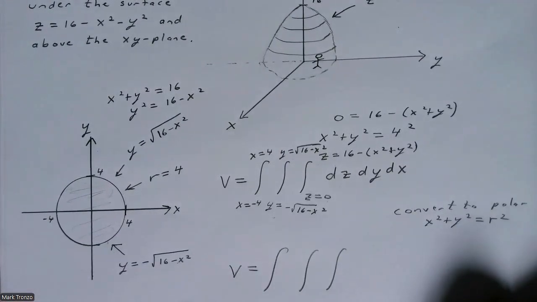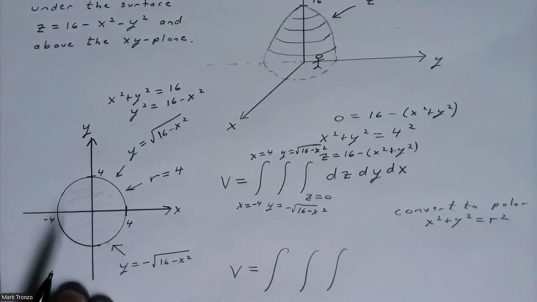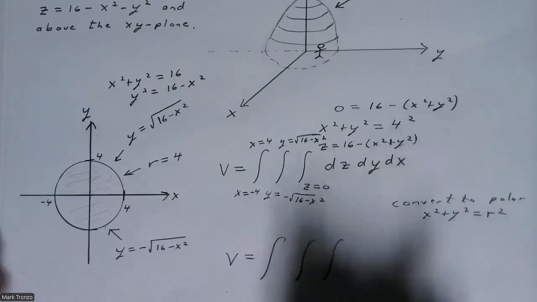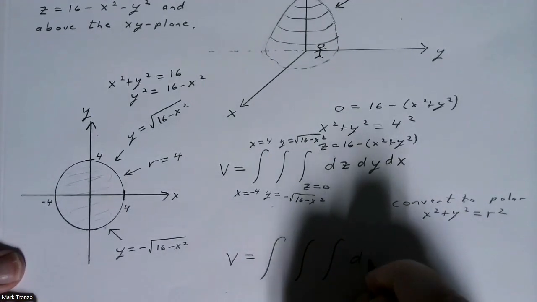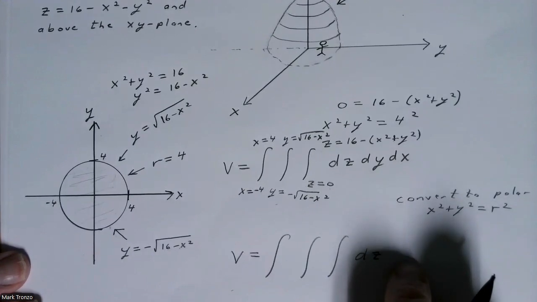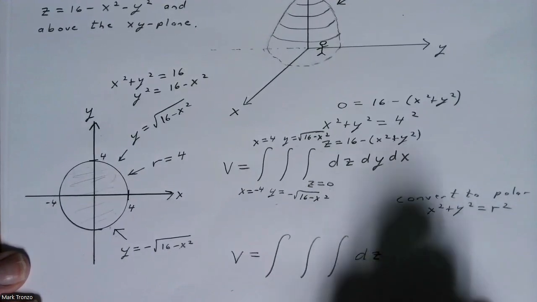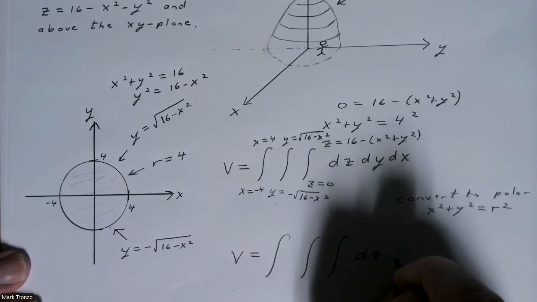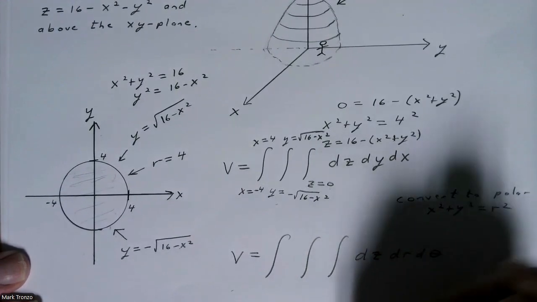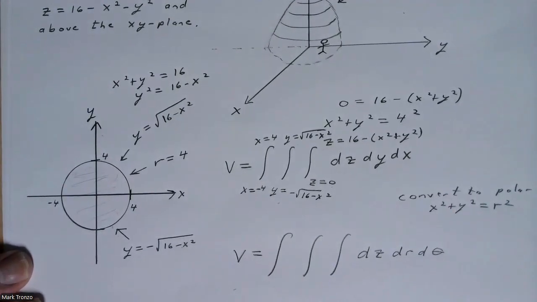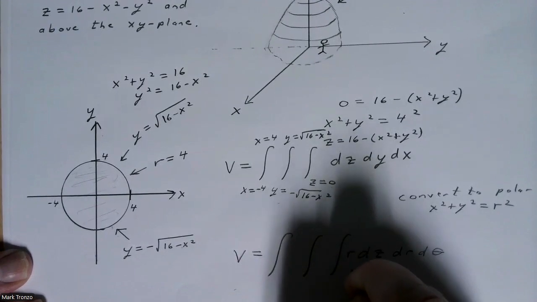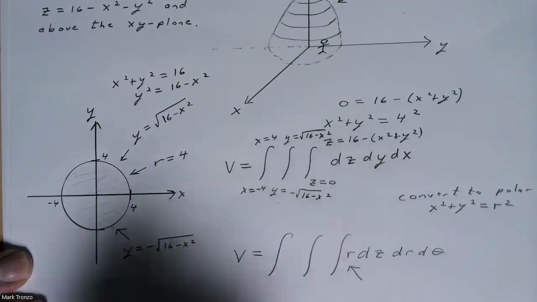Now, in 3 dimensions, it's generally called cylindrical coordinates, where z is still z, but then you have r and theta. So you have dr d theta, like this. But when you convert to polar, you always have to include the Jacobian, which is r. So you always have to include this right here.